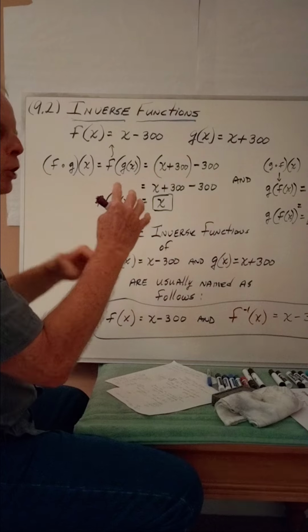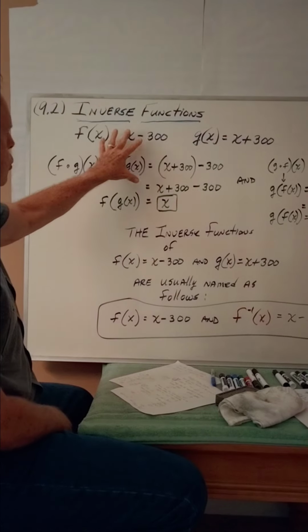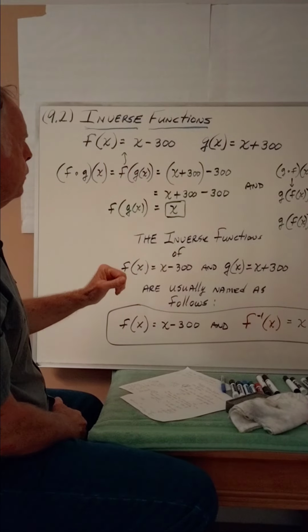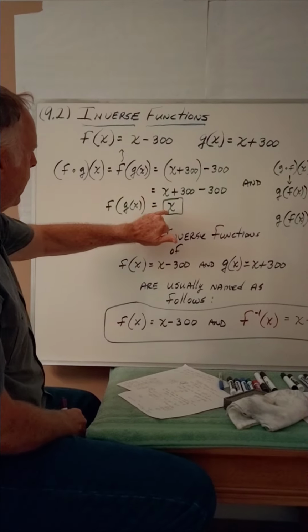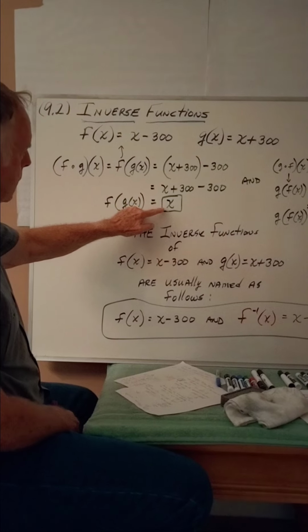And you see the undoing has taken place. What happened in function f, that operation that happened in f, was undone by the other function. And our answer is the original amount that we started off with. I'm going to point to this right here.